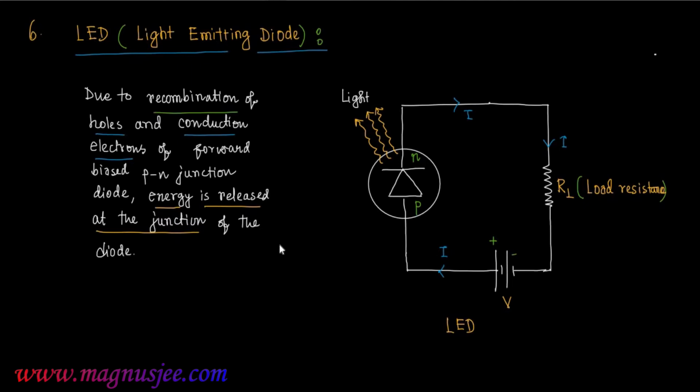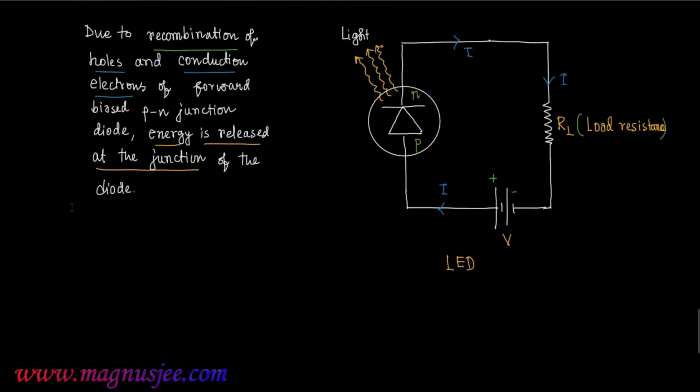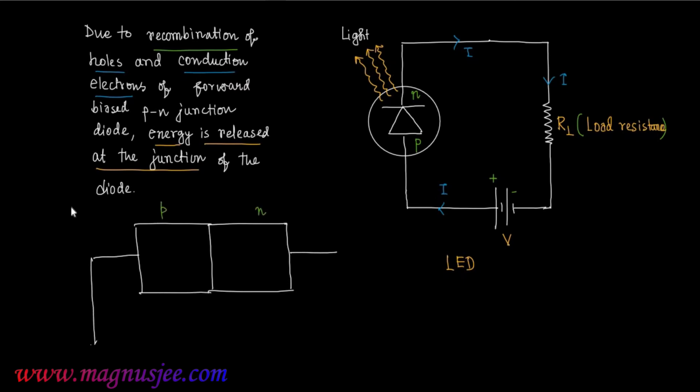In another way, if we draw a forward biased PN junction diode, this is the P region and the other portion is the N region. LED means it is a forward biased PN junction diode: the P region is connected to the positive terminal of the battery, and the N region is connected to the negative terminal of the battery.